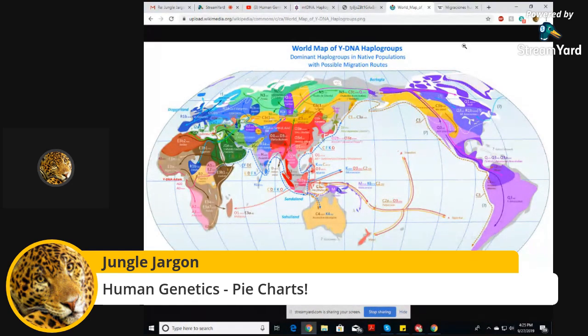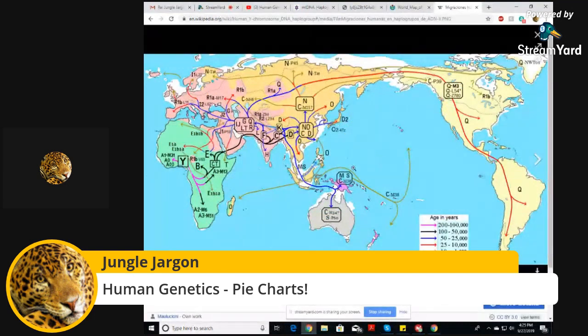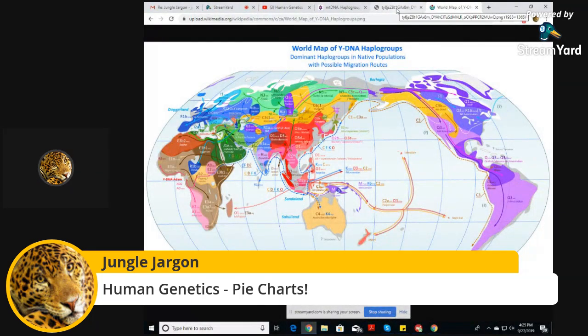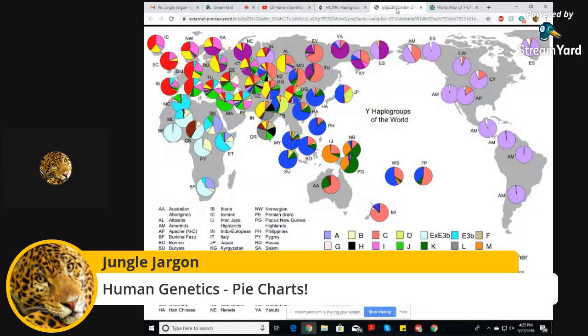Well, it's a lot of interesting things. Anyways, there's another map. This is kind of more confusing, but it shows something anyway. I think it's an older map. It's not as explanatory. Its pie charts are really good because it shows you the population and the Y chromosomes.